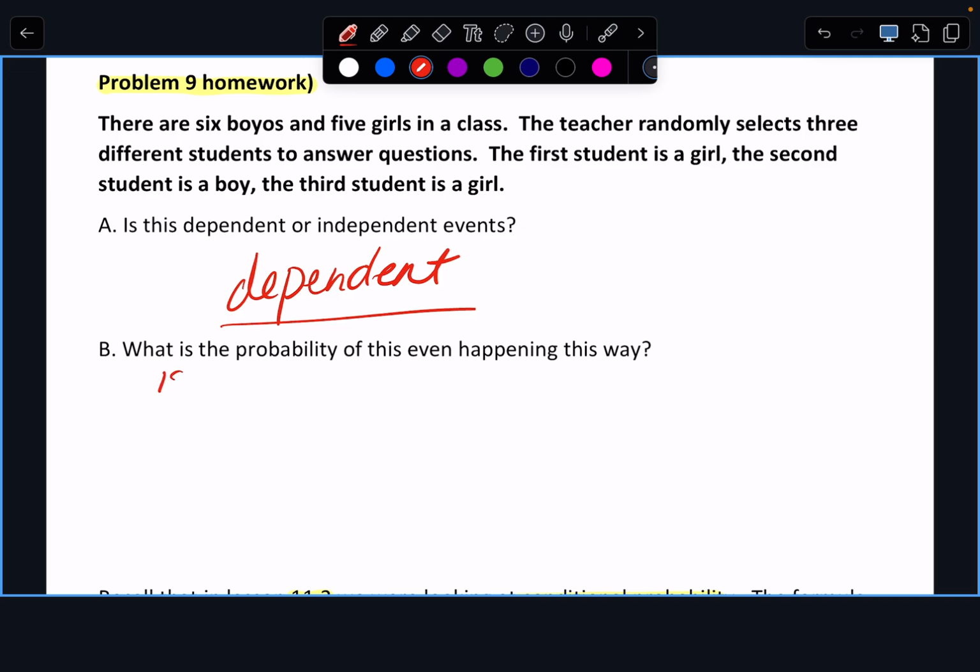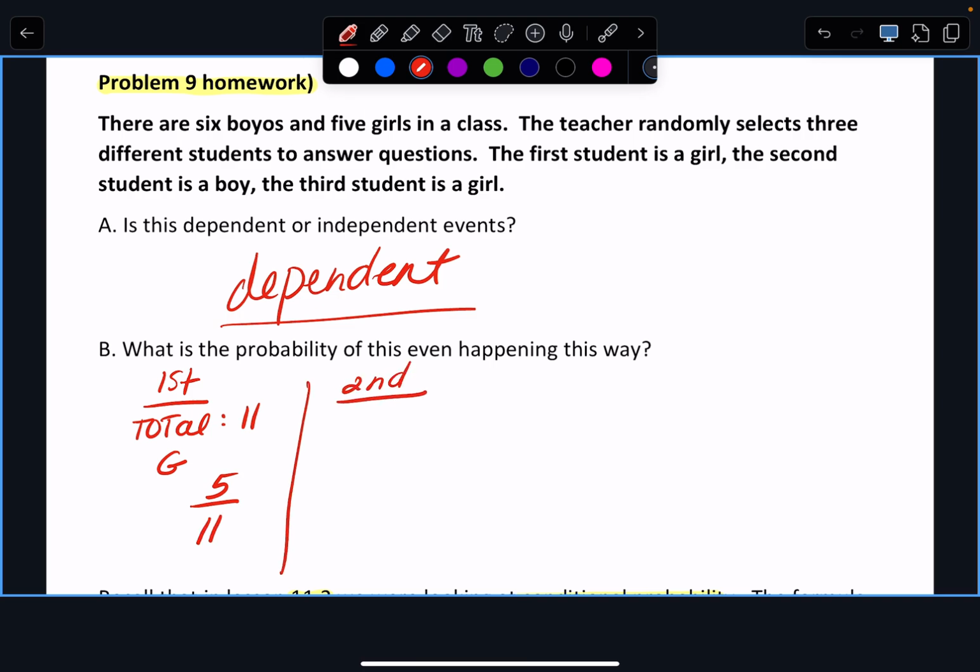Okay, so let's do first pick. How many total? 11. There's 11. And it says, what's the probability that it's a girl? So how many girls right now? There are 5 girls out of 11 total students. Then second, the teacher picks again. But now let's write our total. Isn't our total now 10?